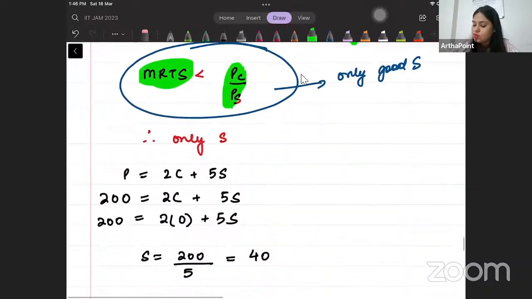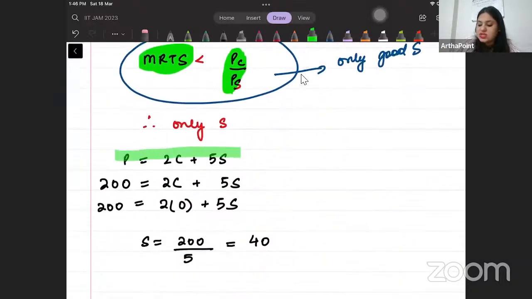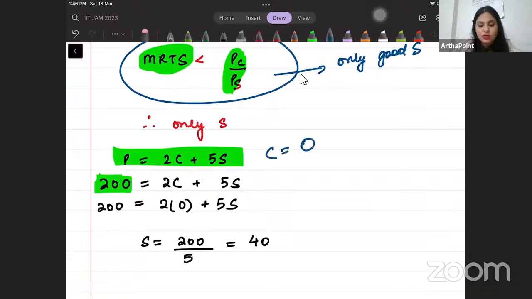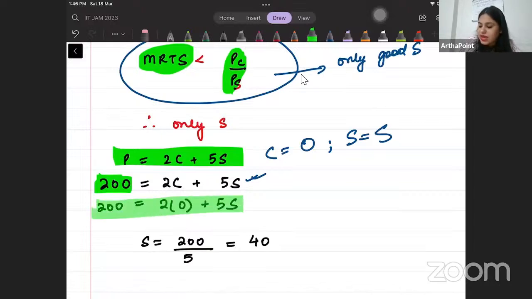So now I will go to this production function. In this production function, I will put P as 200, I will put C as 0 because I don't want to use corn feed, and I will put S as whatever S I have because I want to only use S. So when I put it in this, I will get S as 40.